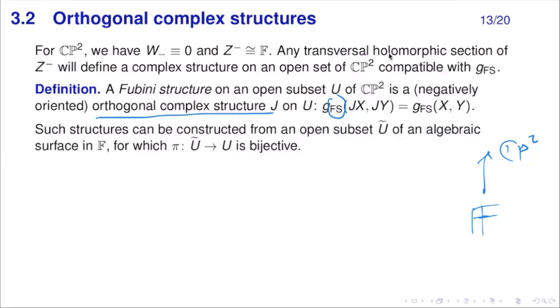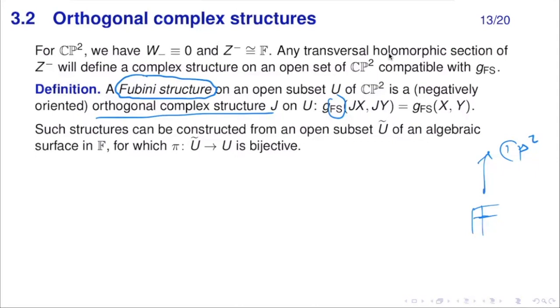And I've given this the name Fubini structure. I should have said Fubini-Study, but in honor of the fact Fubini worked at my previous institution. So a Fubini structure simply means an orthogonal complex structure, on an open set of CP2, relative to the Fubini-Study metric. And we'll forget the standard complex structure.